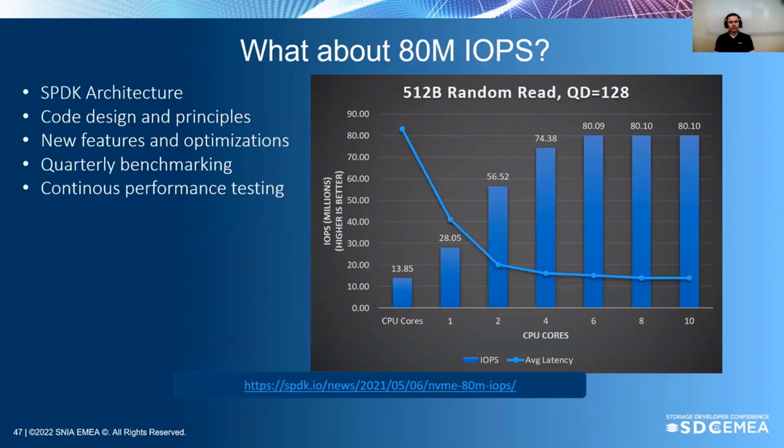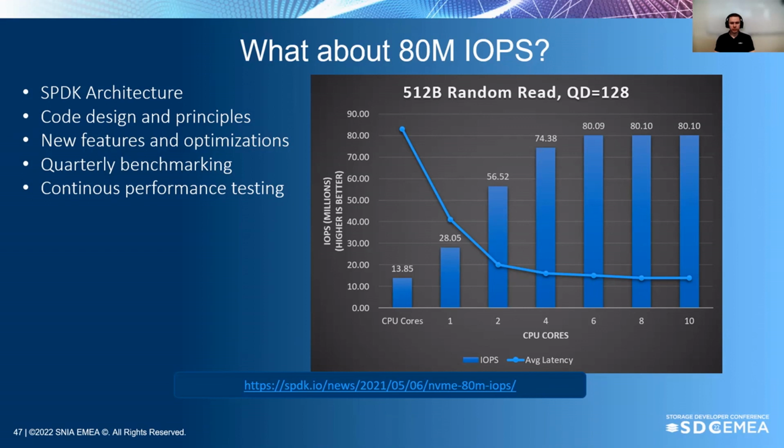And now, finally, what about those 80 million IOPS mentioned in the presentation topic? Well, all of the topics we've covered so far, SPDK architecture, code design, features, along with benchmarking process and continuous testing process, all contribute to the overall performance levels achievable by SPDK today.